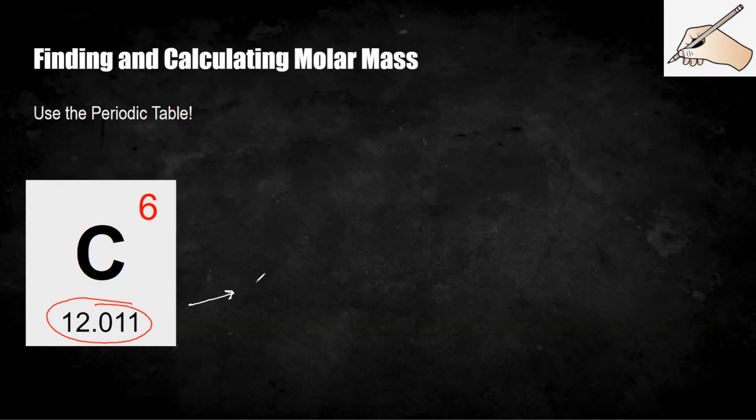So this number on the bottom is the atomic mass of that element measured in AMU, or atomic mass units, which describes how big that atom is.